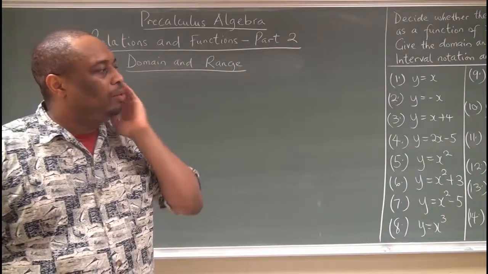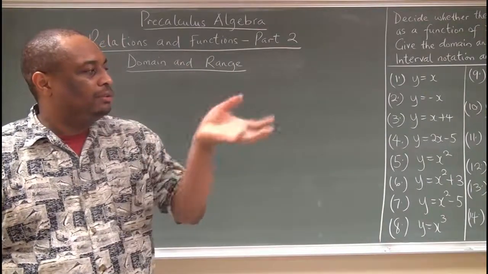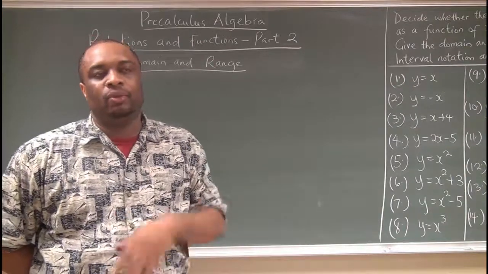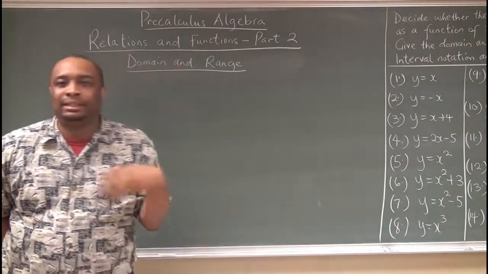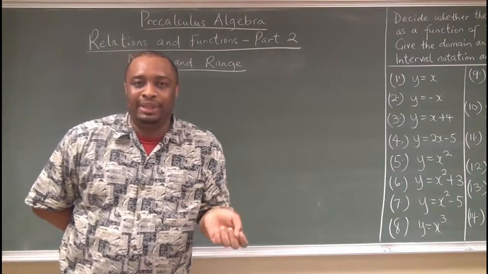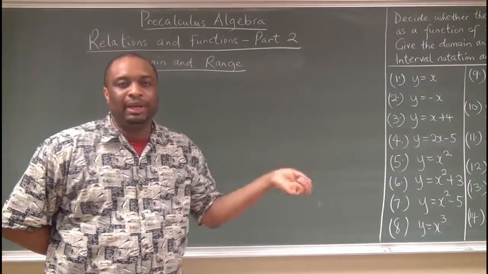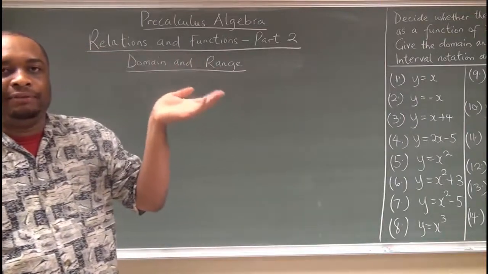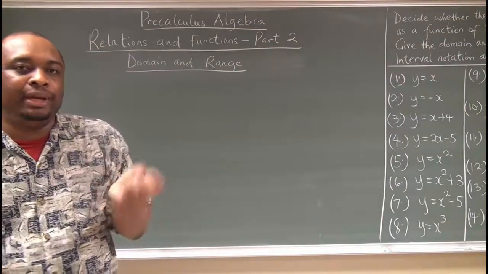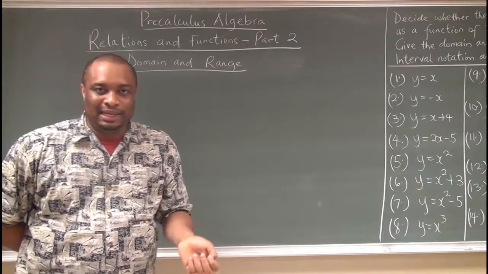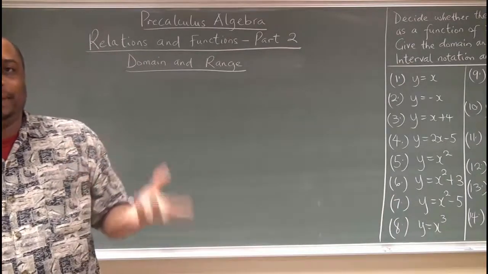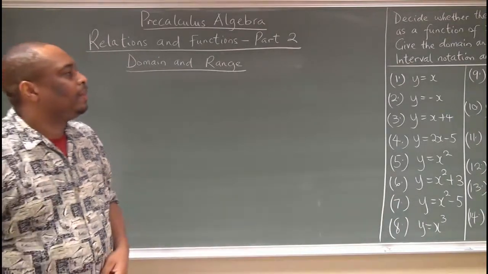And in the first video, we found the domain and range from ordered pairs, and also when they are represented as a mapping. We represented the domain and the range as a set, in set notation.